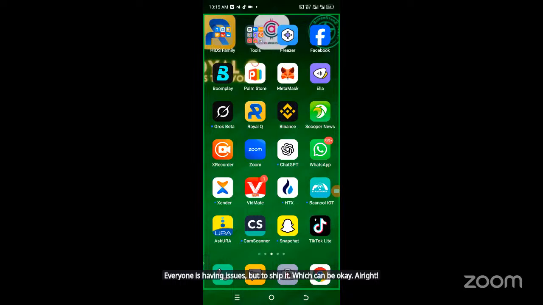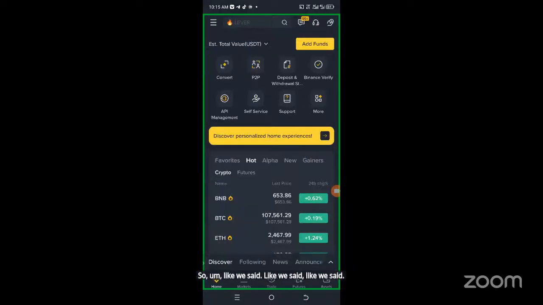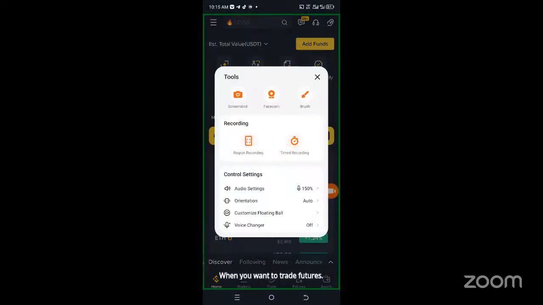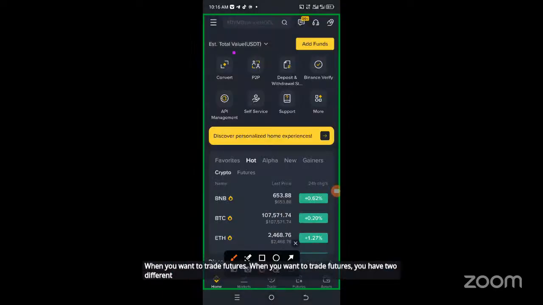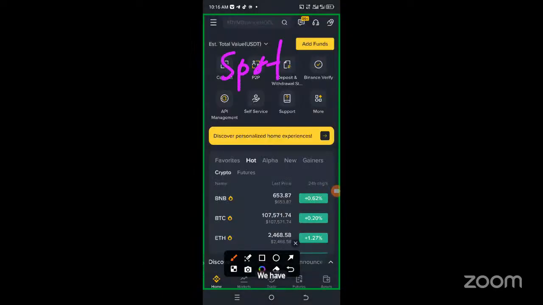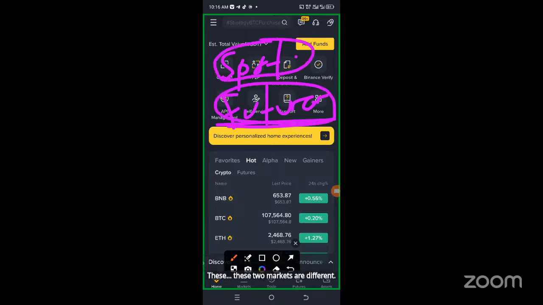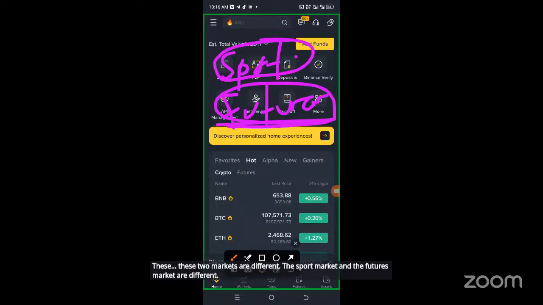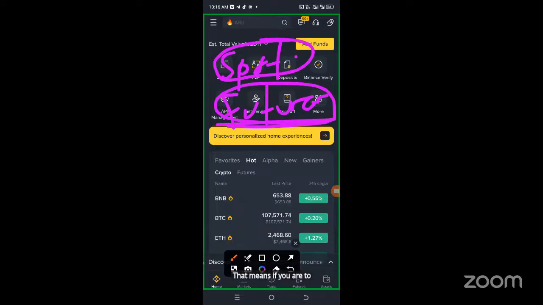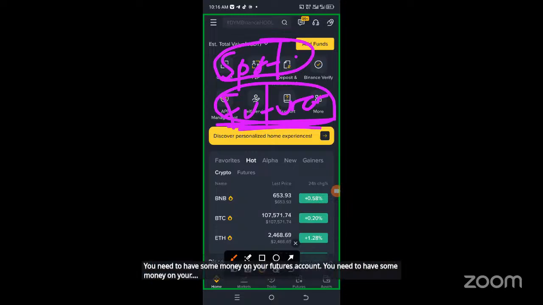Like we said, when you want to trade futures, we have two different markets. We have the spot market, and then we have the futures market. These two markets are different. That means if you are to trade futures, you need to have some money in your futures account. What is futures?